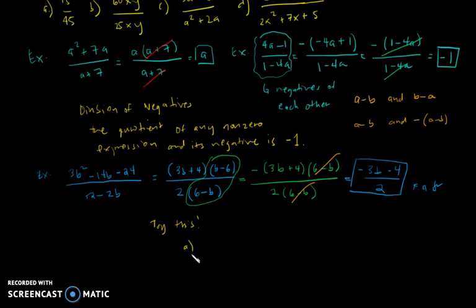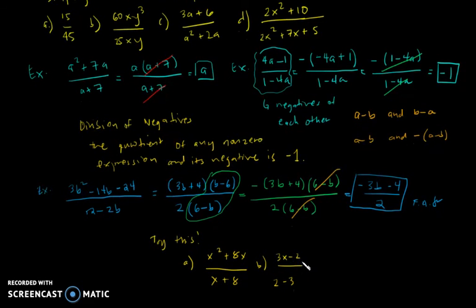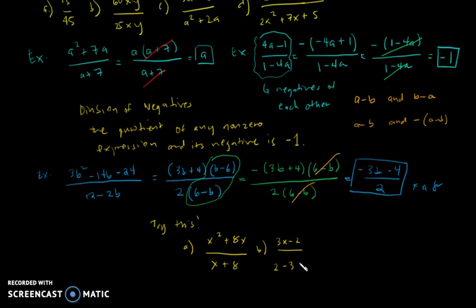So for letter A, you have x squared plus 8x all over x plus 8, and for letter B, you have 9x minus 2 all over 2 minus 3x. Oops, sorry. Then for letter C, you have 10a minus 2 all over 1 minus 5a.